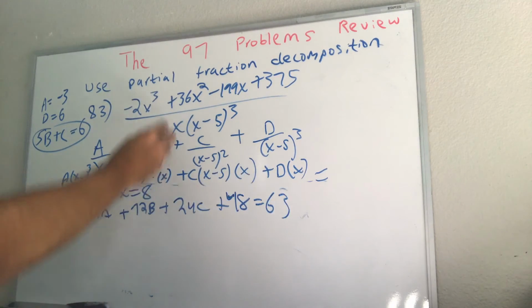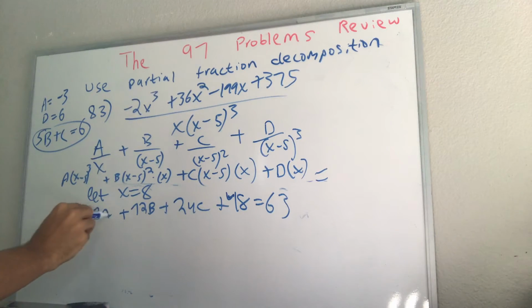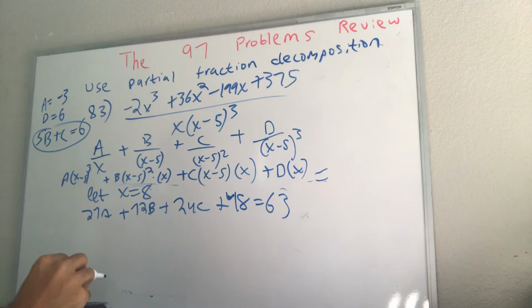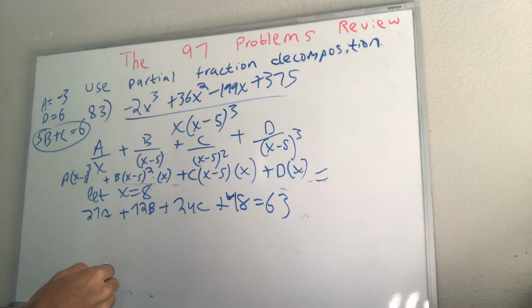Again, plugging 8 into this expression over here, right? And so we can solve this, but here, just for the sake of it, I would just prefer putting a in here. So 27 times a, right? That is negative 81. Right, 27 times 3. So we can obviously take that and add that to 63 and then subtract 48 from that.